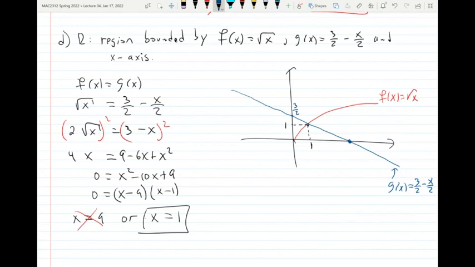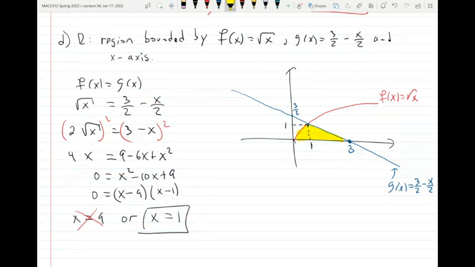That's equal to 3. Remember, that's the x-intercept. You find it by setting the function equal to 0, right? This is 0 when x is 3. It's 3/2 minus 3/2. Yes? So this is a 3 right here. And we are interested in this area. The area bounded by the function f, the function g, and the x-axis.